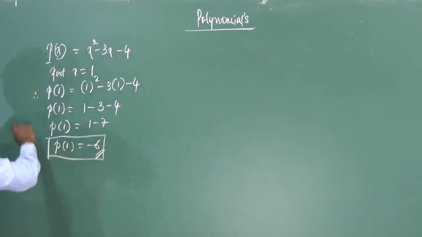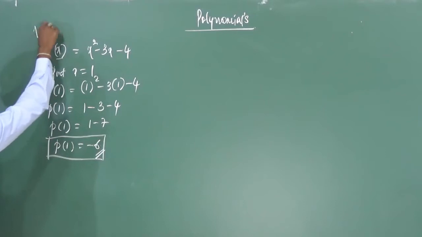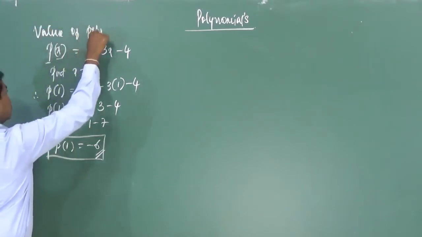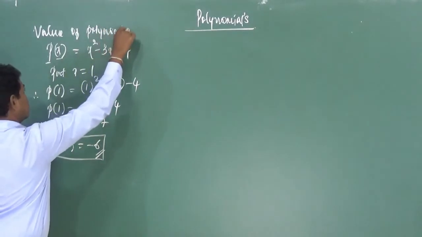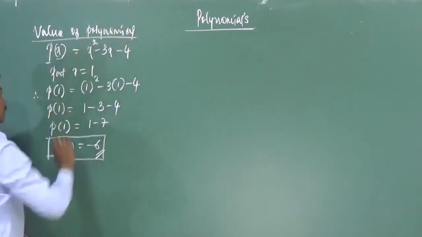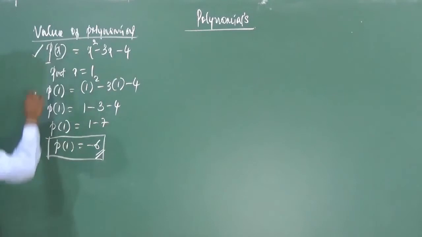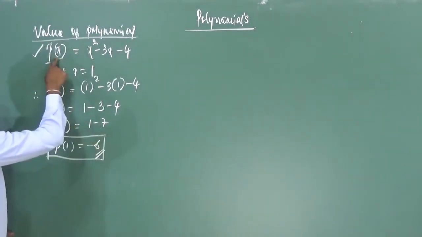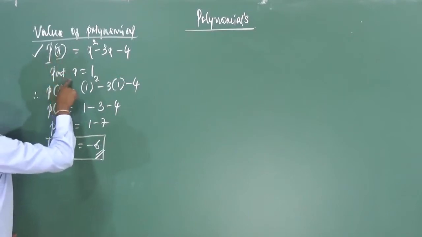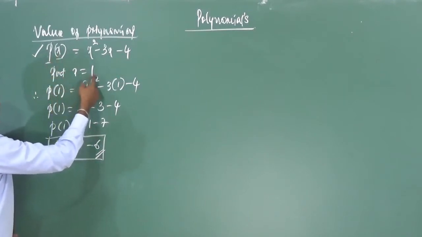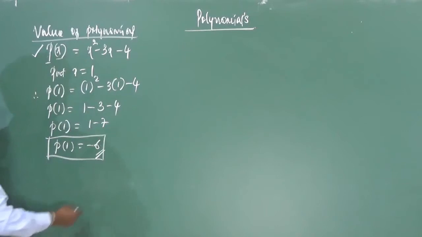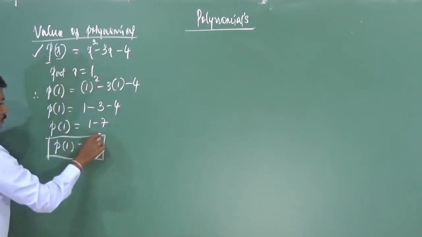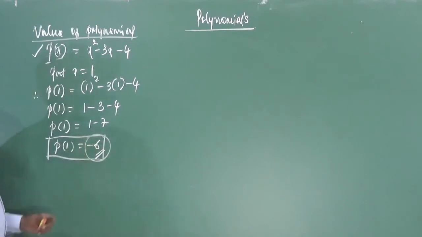So here we speak about the value of a polynomial. How do we analyze the value of a polynomial? You are given some polynomial, and you are asked to replace the value of x by some real number, that is 1 in this example. As I replaced x by 1, I got this value at the end.